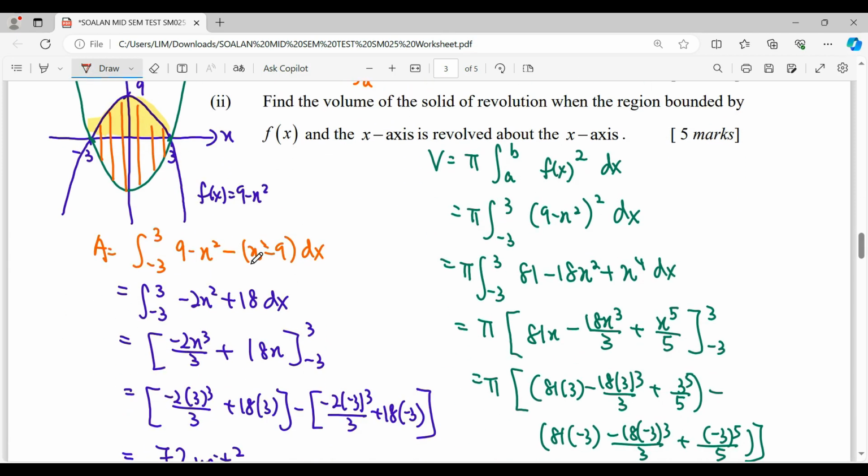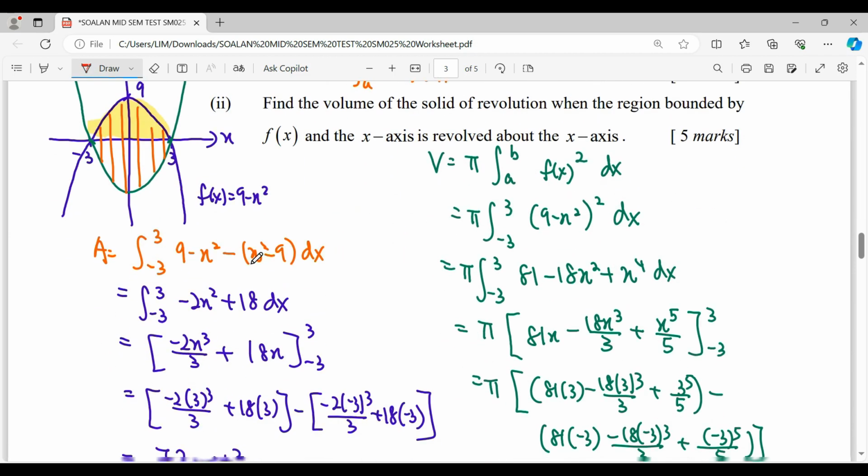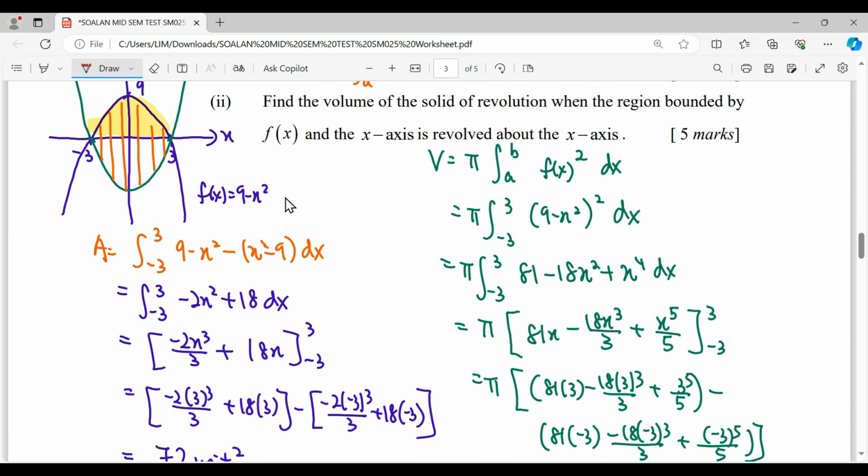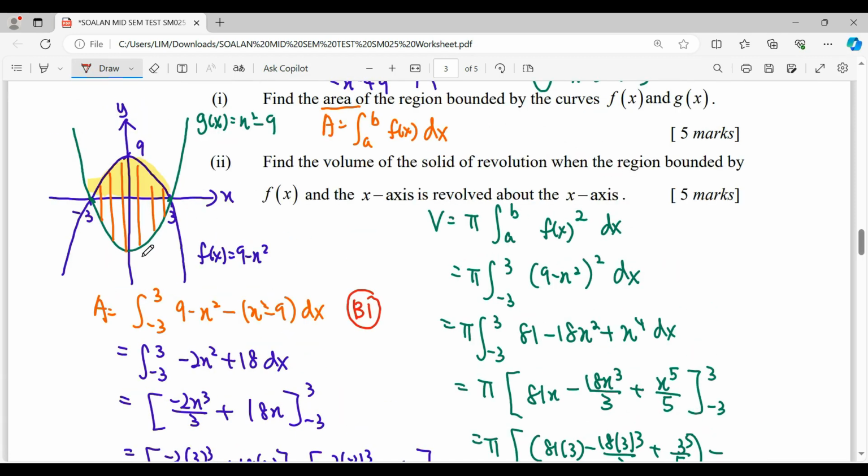This answer is supposed to use the two-curve concept, where the curve up here minus the curve below here. So therefore this will be your basic. Other methods I will still accept, but I do not recommend you learn it that way. Try to improve your method and your concept correctly.